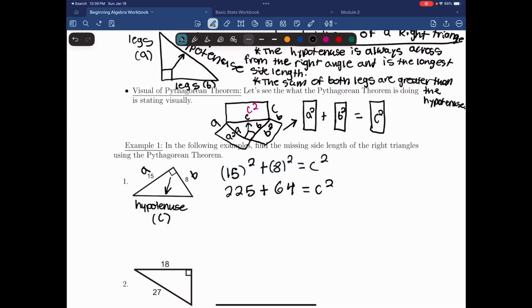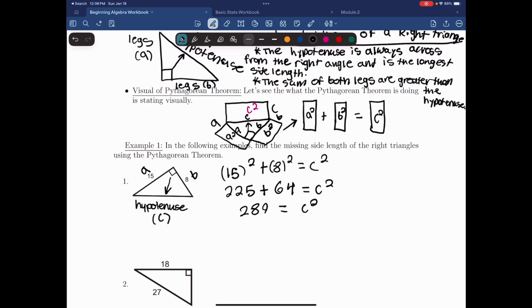Now let's add 225 and 64, which is 289, equals c squared. And now c squared isn't quite on its own. We haven't fully solved for c because c is squared. But do we know something that would cancel out the squared?